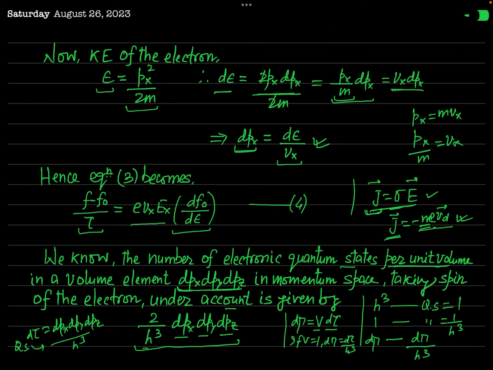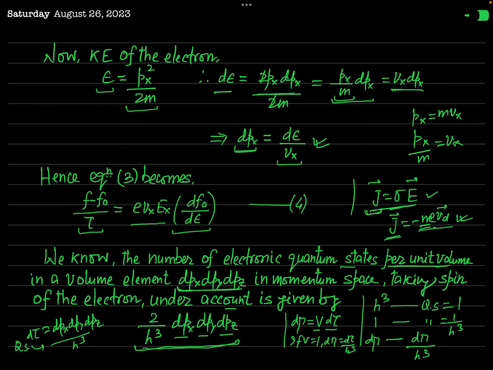And according to Pauli's exclusion principle, in one quantum state only one electron can remain. So this also represents the number of electrons present in those quantum states. Since the electron is a fermion and only one fermion can be in a particular quantum state, the number of quantum states and the number of electrons present in those quantum states will be the same. If there is some unoccupied state, then the number of electrons will be smaller.